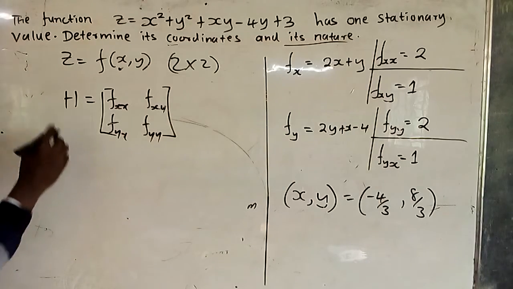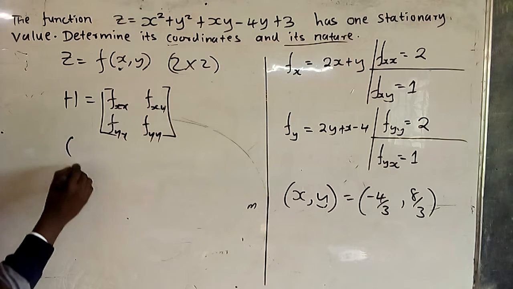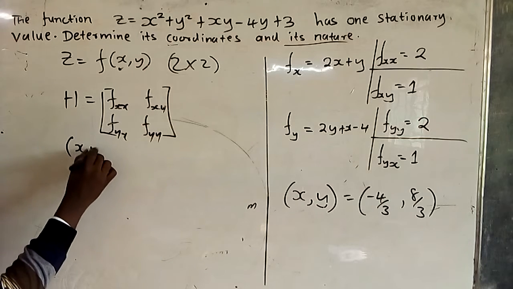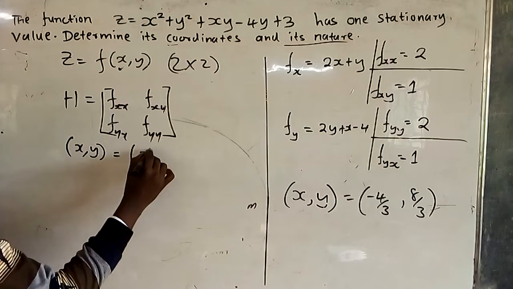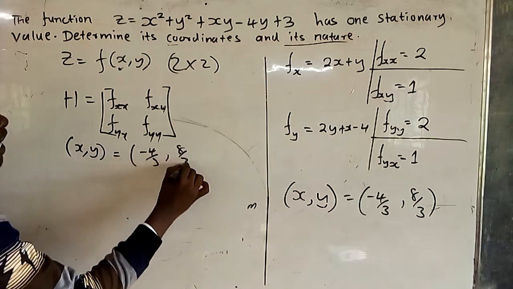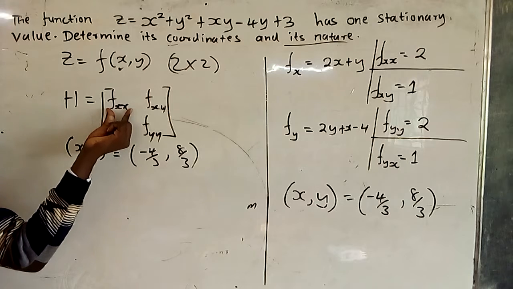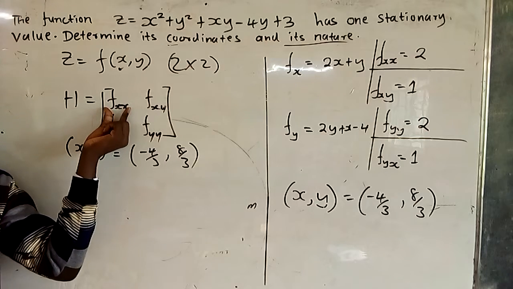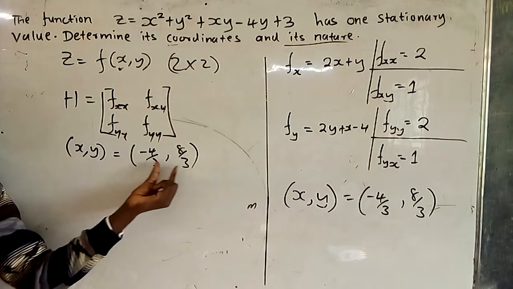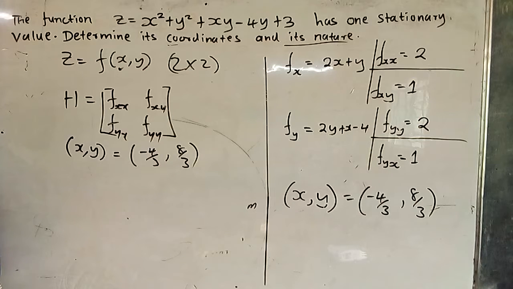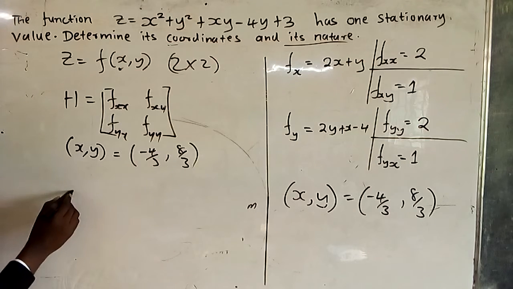So now, what is our stationary point? Our stationary point, x, y, we found to be negative 4, 3. When you have a second order partial derivative, if it has an x or y value, you substitute the x or y value of that point. If it is a constant, you just write it as a constant. So can we now get the discriminant?